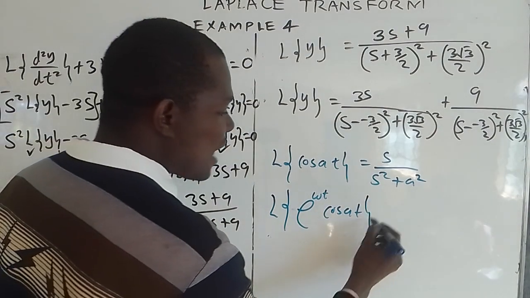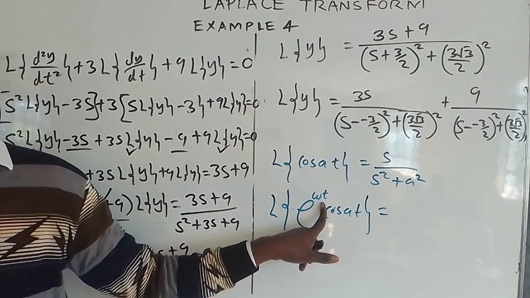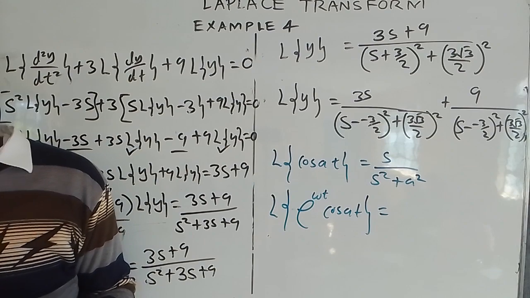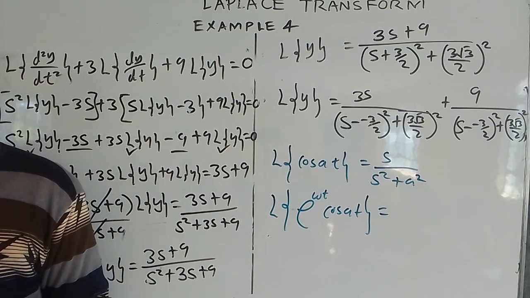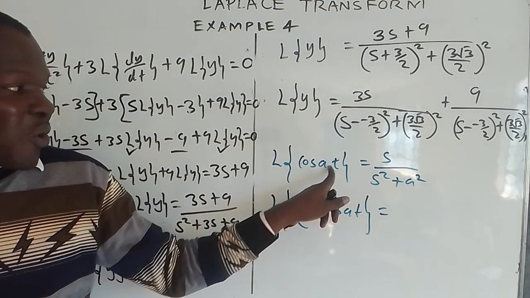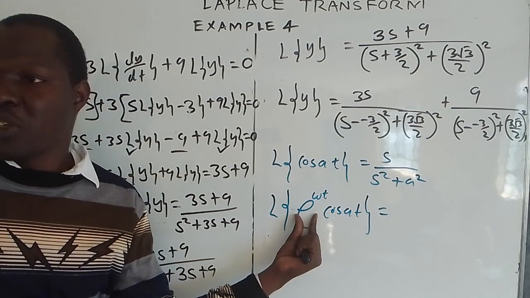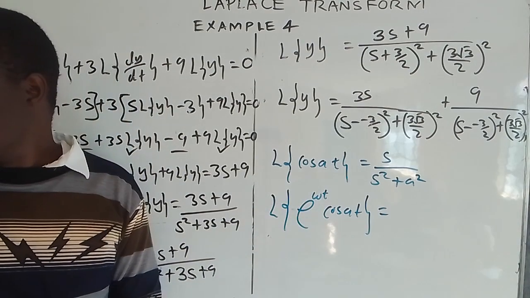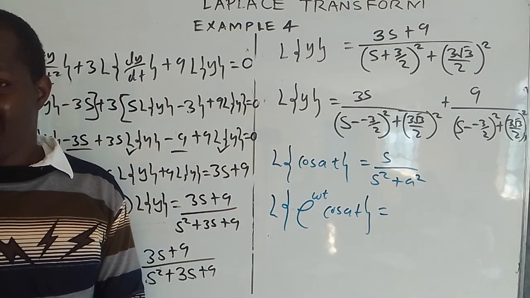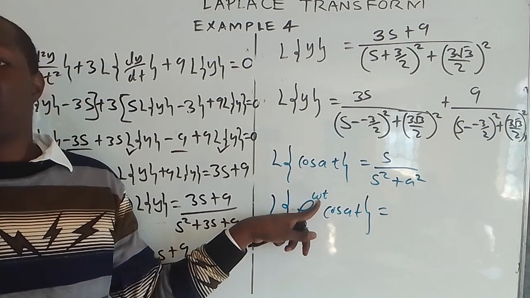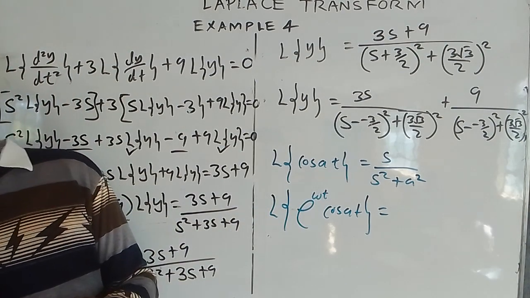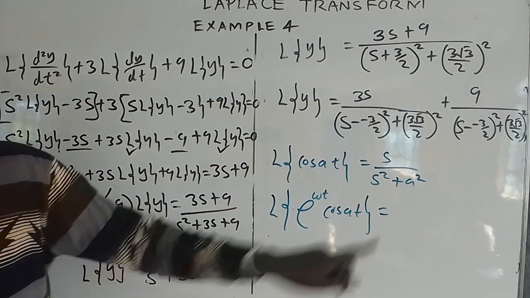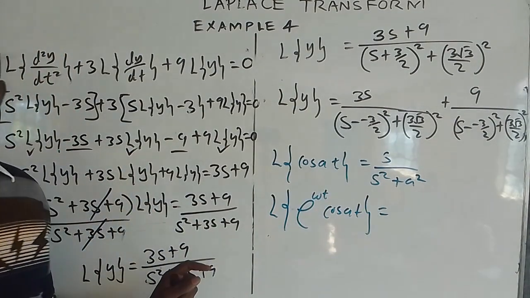So when you add exponential wt in that Laplace formula, it is going to be times exponential negative st, so you end up with s minus w. Meaning where there is s in the cos, because it is now multiplied by exponential wt, we put s minus w. We are going to have exponential wt times exponential negative st, so if you factorize out negative t, inside you remain with s minus w. Are you seeing that? So where we have s here, you put s minus w.